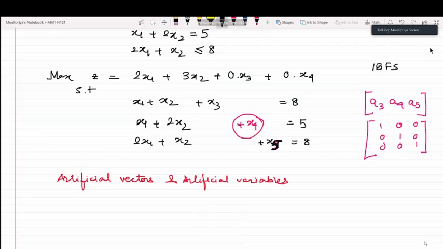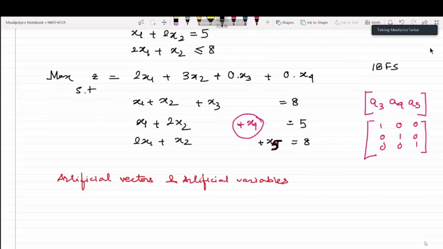Now see, this x4 is coming out of nowhere, and as I told you, the only purpose of x4 is the creation of the identity matrix. And your motive would be to remove x4 at the earliest from the initial basic feasible solution that we are considering.